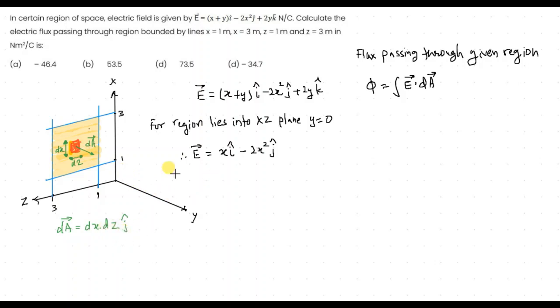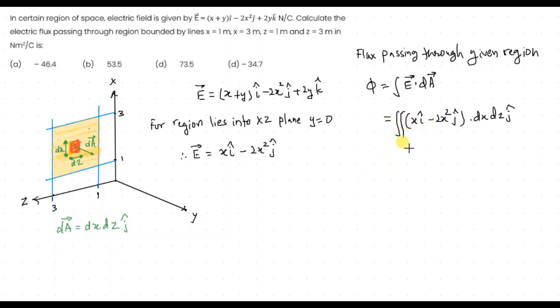So the electric field is x i minus 2x² j, and the area vector is dx dz j. Whenever two variables come, dx and dz, we have to go with two integrations.